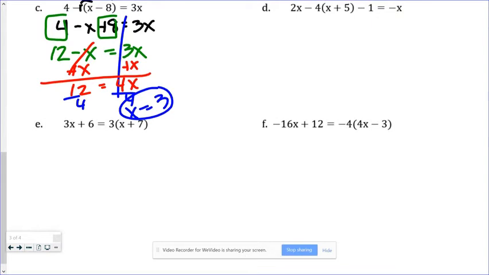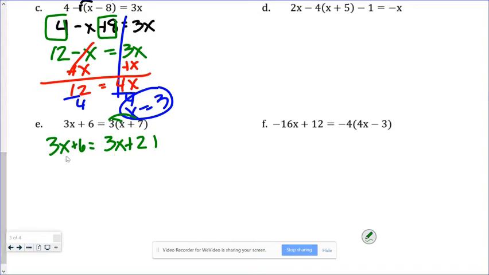So we need to first distribute the 3 to both terms in the parentheses. So then 3 times 7 would be a positive 21. Okay, then let's look at the numbers in front of our x's.